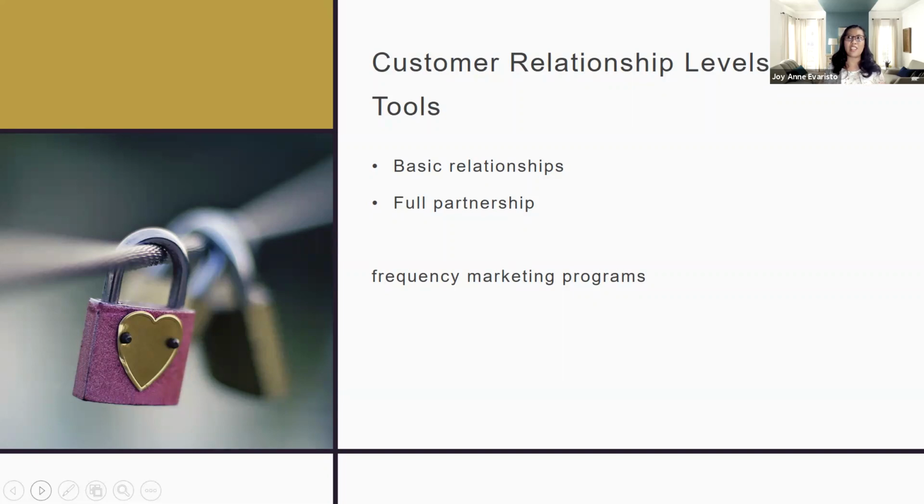For instance, Starbucks even gives a free drink to random customers if you are willing to evaluate their services. So that is an example of moving from basic to a higher level of partnership. Coffee Bean and Starbucks also give some freebies during your birthday and such things. So those are some of the strategies of companies to build relationships with their customers.